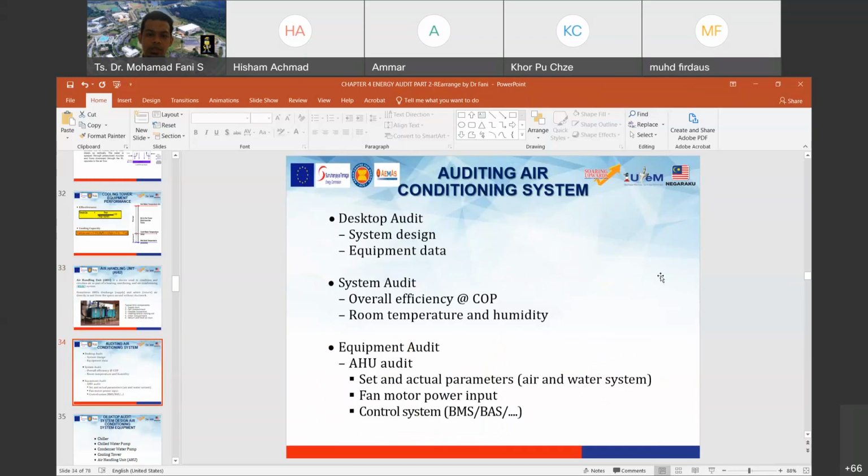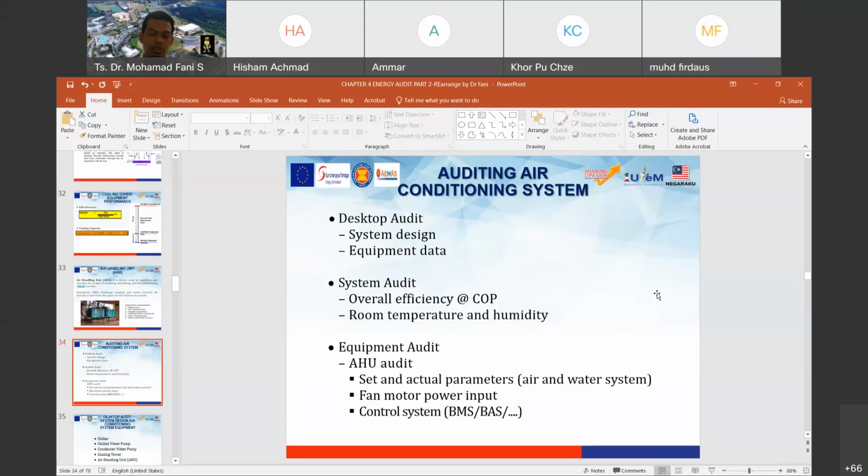So in auditing an air conditioning system, what we need to have is the system design, to know what kind of system design they have in a building. So we need to refer to the drawings and the equipment data. We get all this information before we can make some suggestions or do the auditing process.